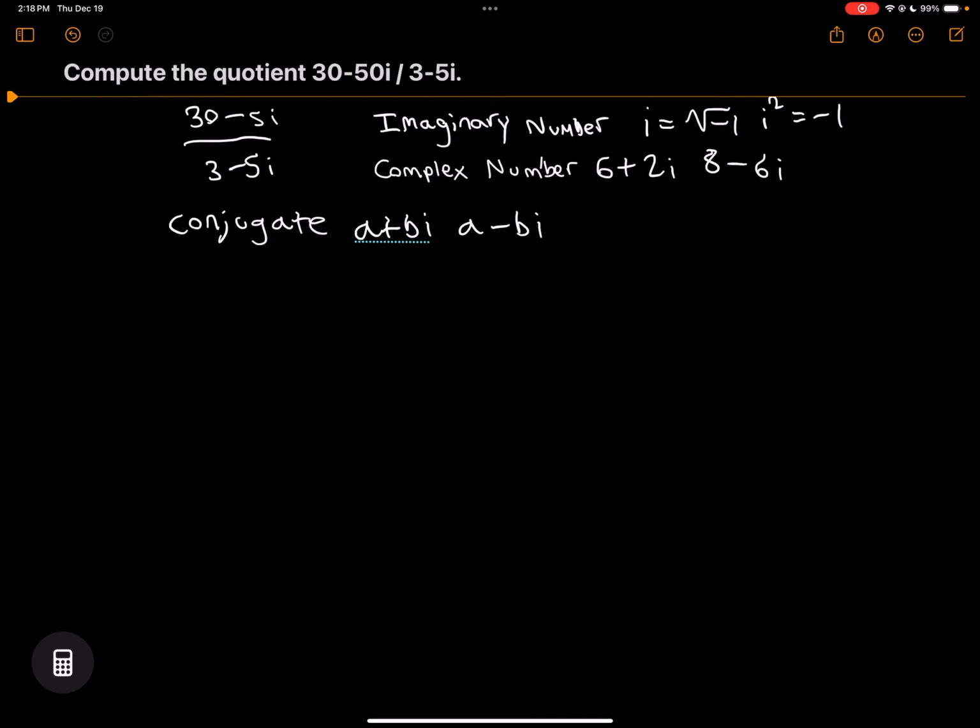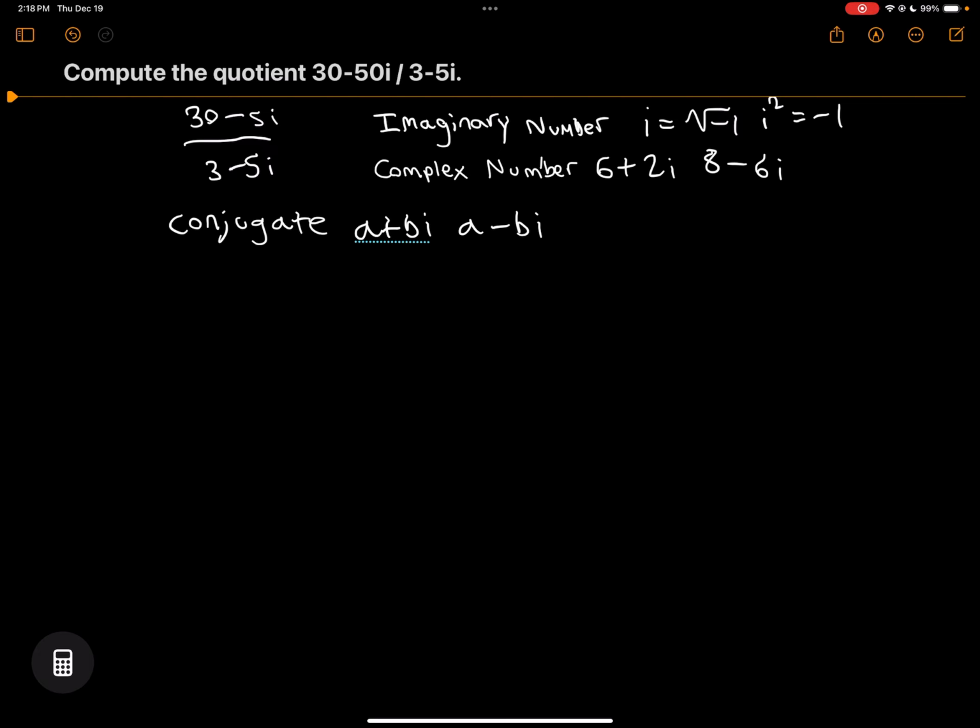So basically, you flip the sign that's separating the real part from the imaginary part. That's all it is. A plus bi, a minus bi. 3 minus 5i becomes 3 plus 5i. 6 plus 2i becomes 6 minus 2i. So it's all about flipping that sign. It's pretty simple. Alright, so that's what a conjugate is.